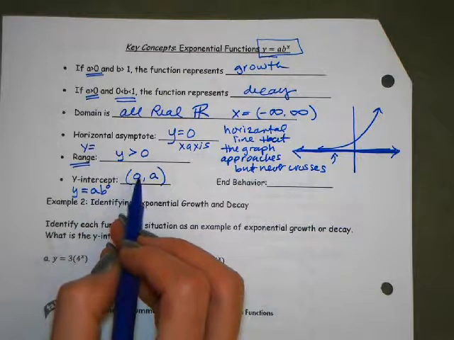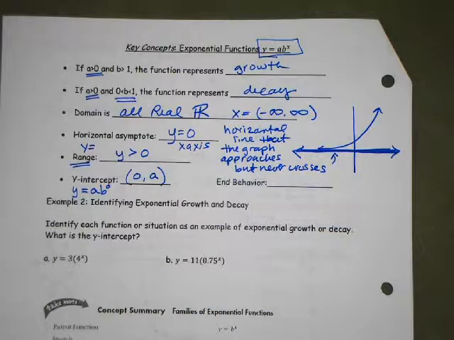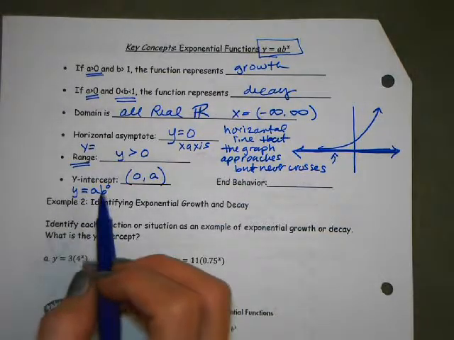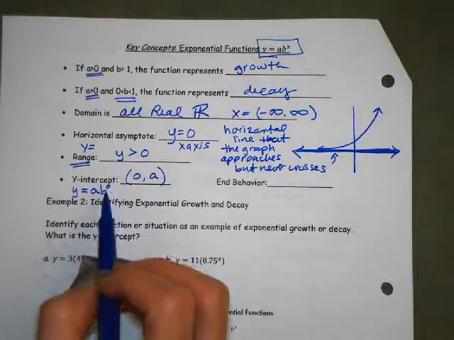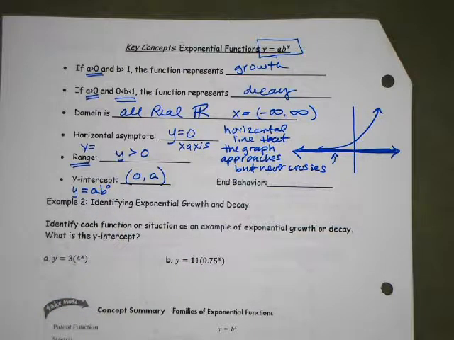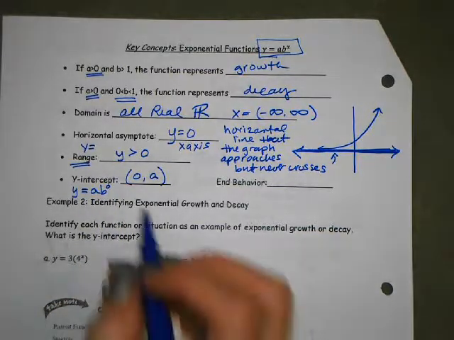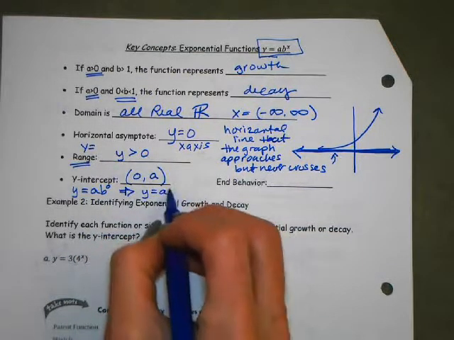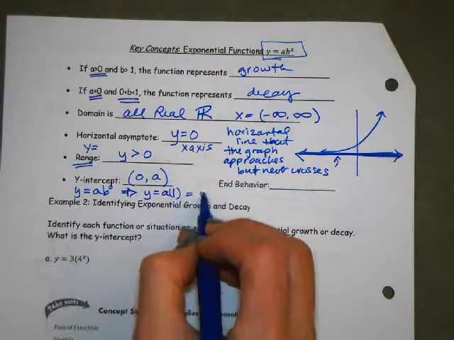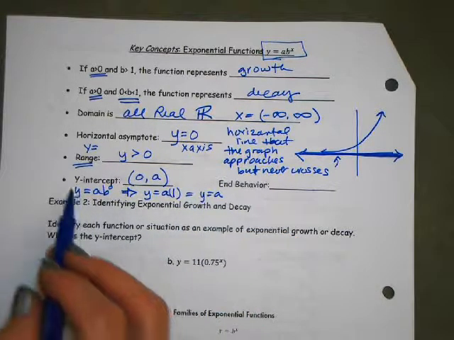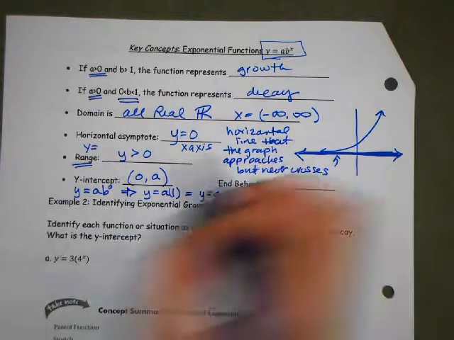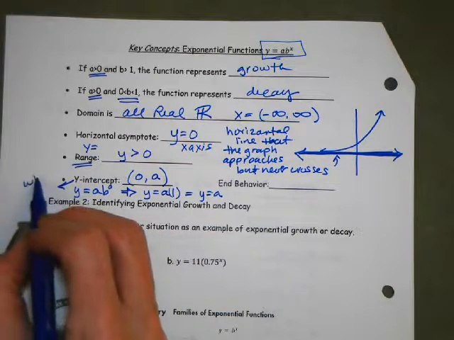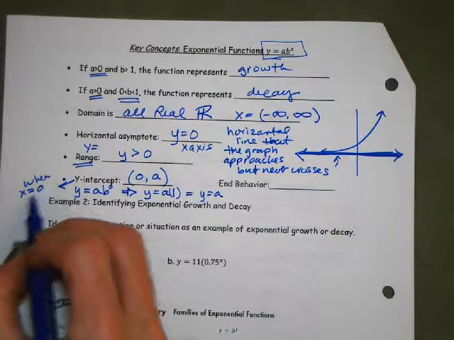Because when x is 0, it's where it crosses the y-axis. So what does anything to the 0 power equal? 1. So this actually then equals y equals a times 1, which is just y equals a. So your y-intercept is going to be, because remember, it's when x is 0.